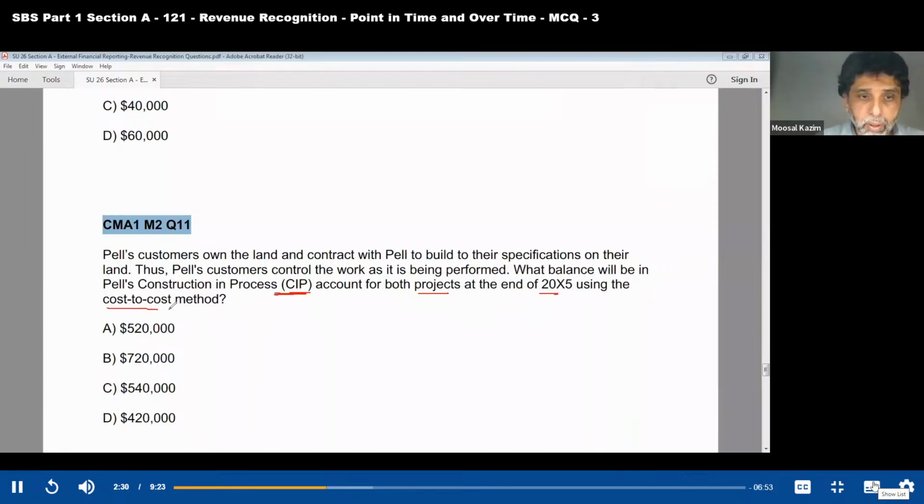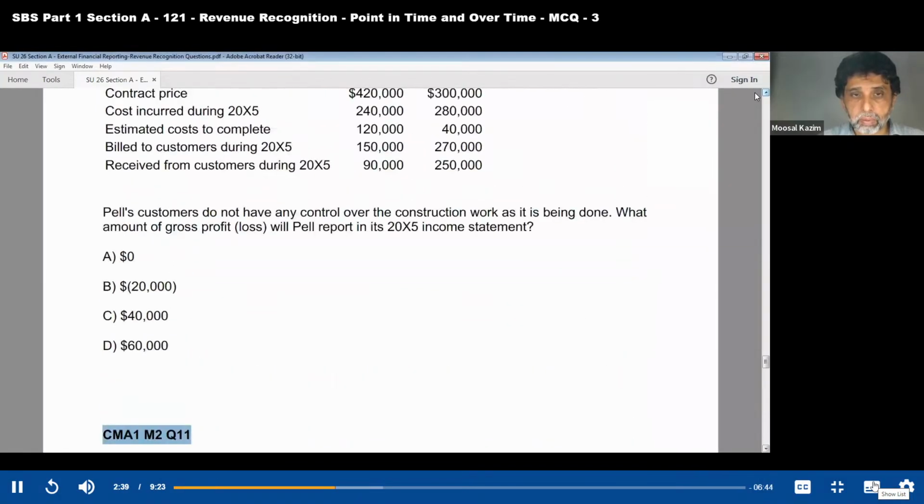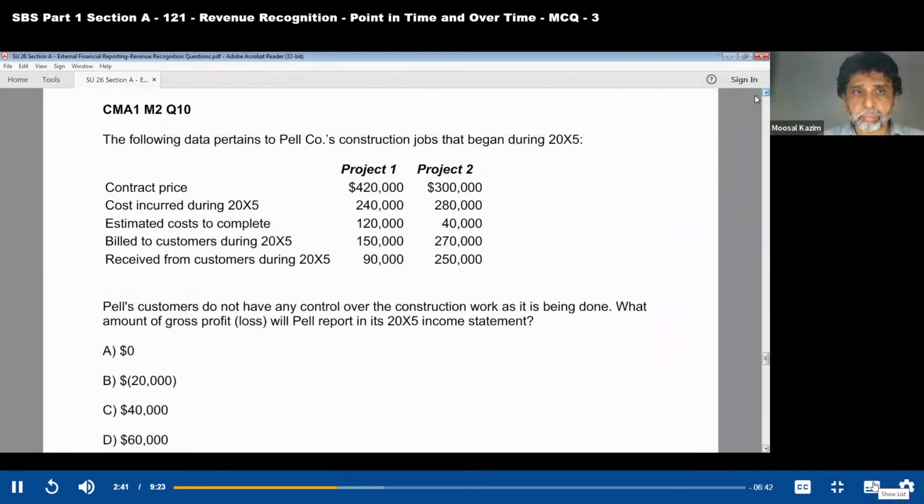We have to adopt the cost to cost method, and it should be over time because the customers have control over the construction. So now, how will we do that? We have already done project one. We'll talk about project one.